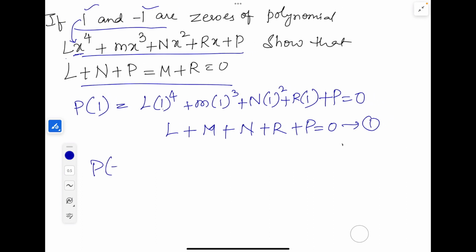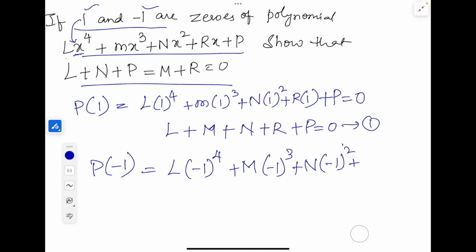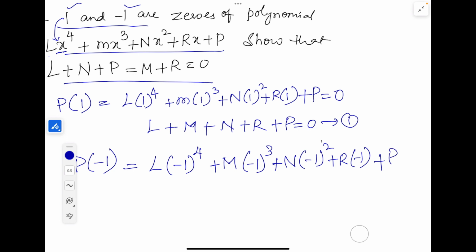Now p of minus 1 is also a zero of this polynomial. So wherever x is there, put -1. L times -1 whole to the power of 4, plus m times -1 whole cube, plus n into -1 whole square, plus r into -1, plus p is equal to 0. Okay, now what will we get, children? It's an even exponent, so this negative sign, if you multiply 4 times, will become positive.